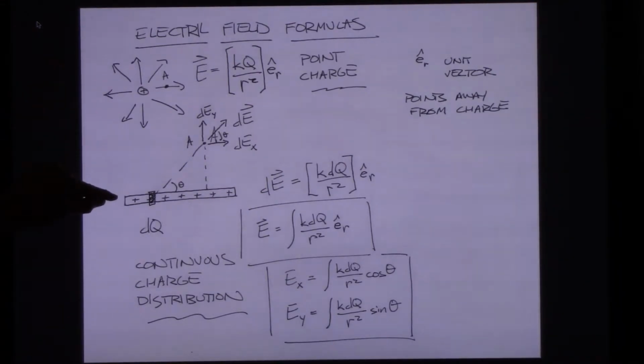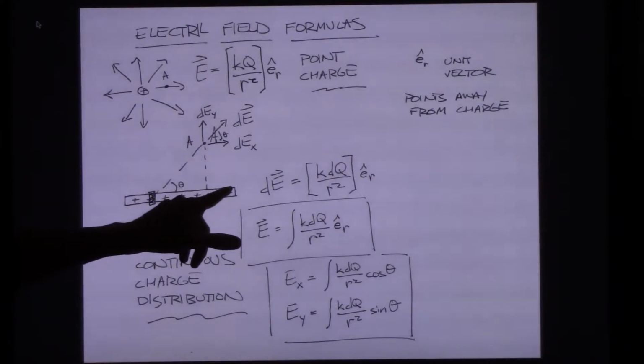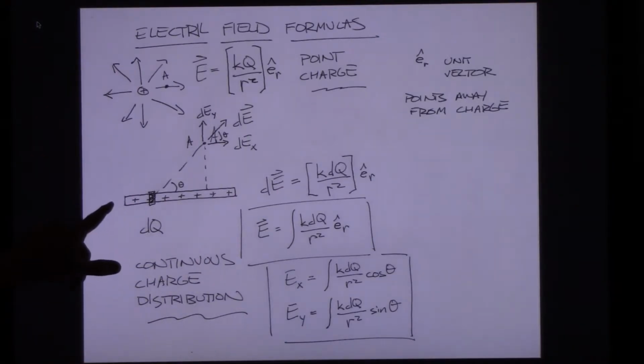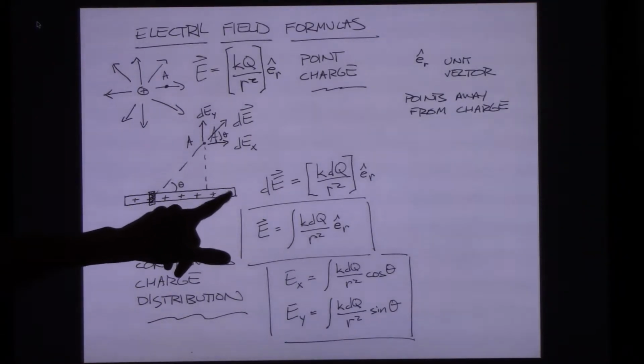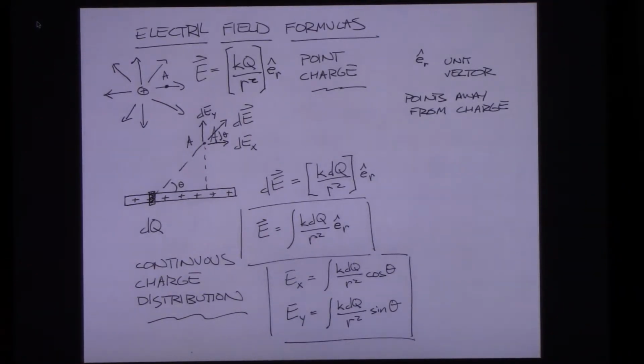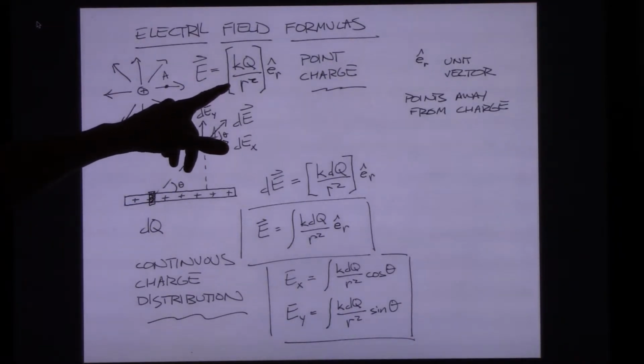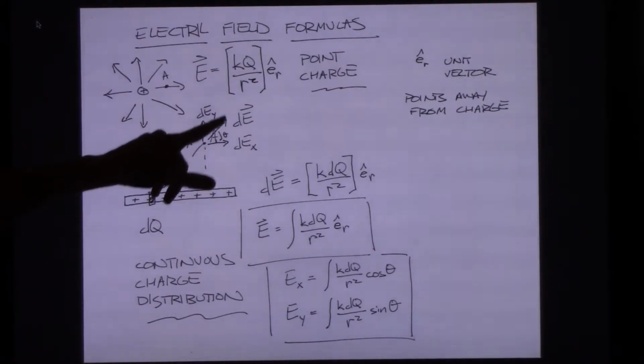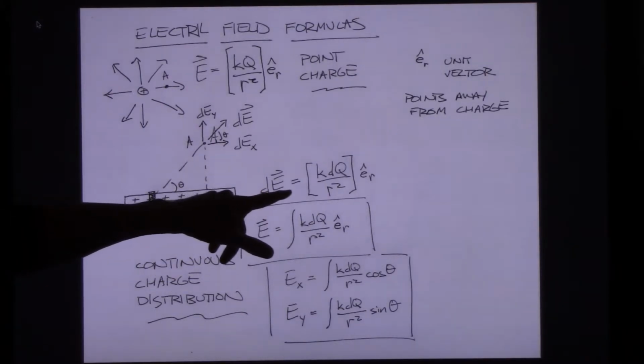Now when we moved on to a non-point charge, we said, okay, we can still treat this as just a bunch of point charges all lined up. So we could move from one point charge to the next and determine how much electric field each one of the individual locations is contributing. Now that means we take the formula for a point charge and we adapt it.